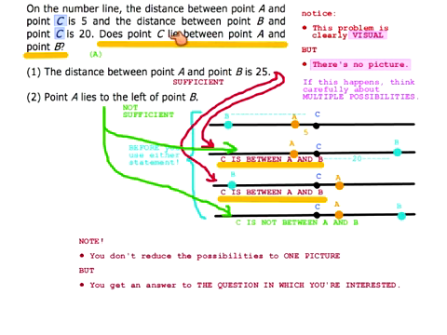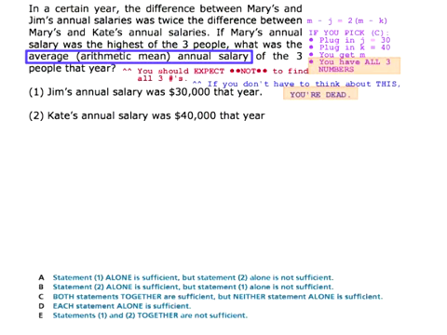Like in this problem, you found that point C does lie between point A and point B in statement 1. Even though you don't find the specific picture, there are still 2 pictures, but you find out the answer to this. So in this problem here, you should suspect that you are going to find the average, but not the whole list.